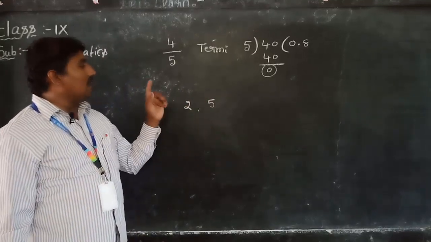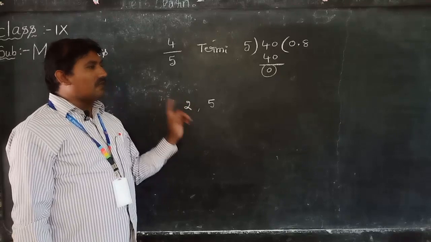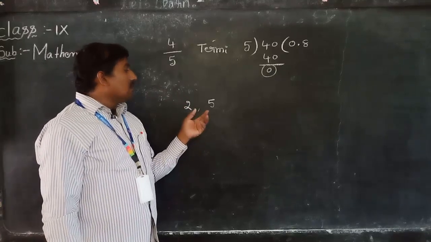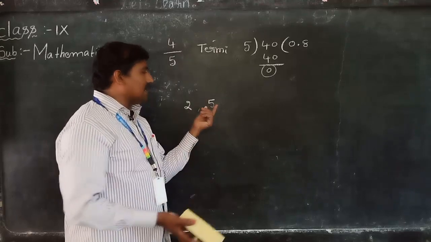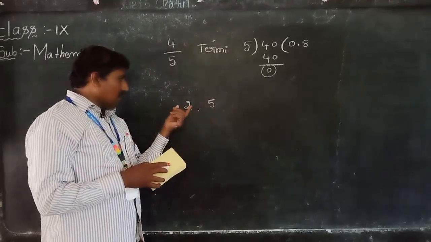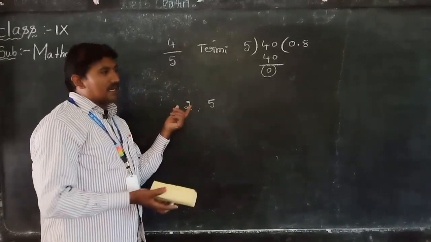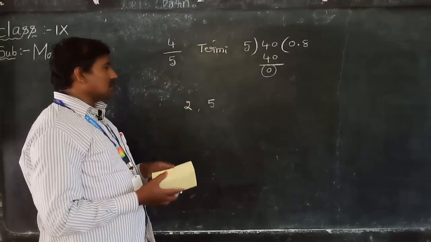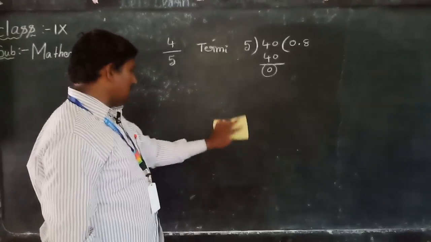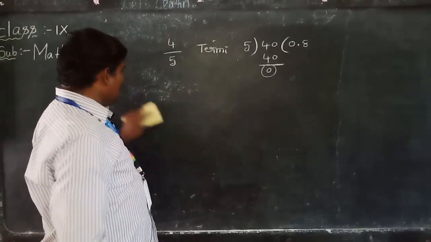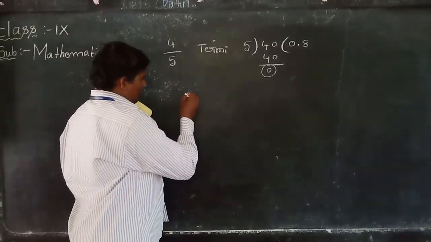Except 2 and 5, if any other number is there along with only 2, or with only 5, then those are called non-terminating and repeating decimals.